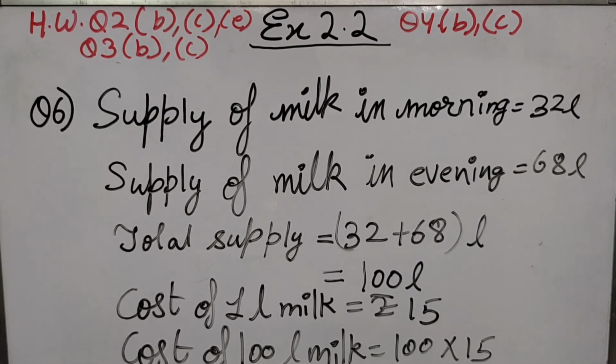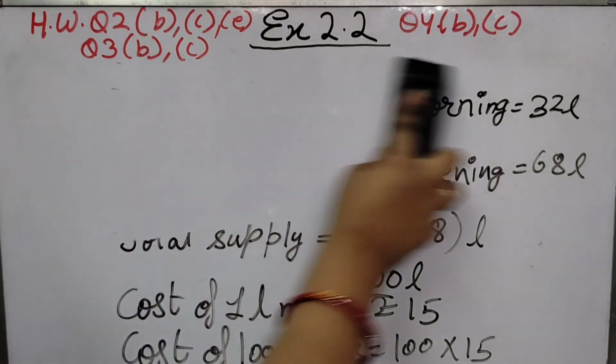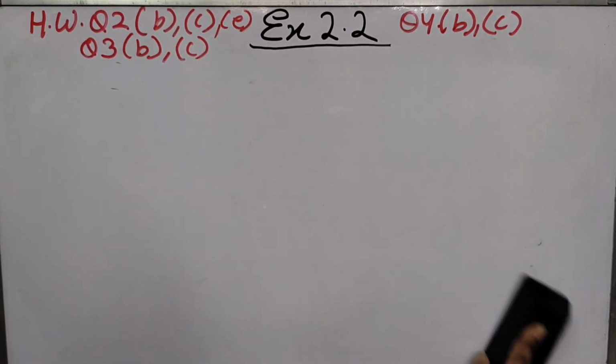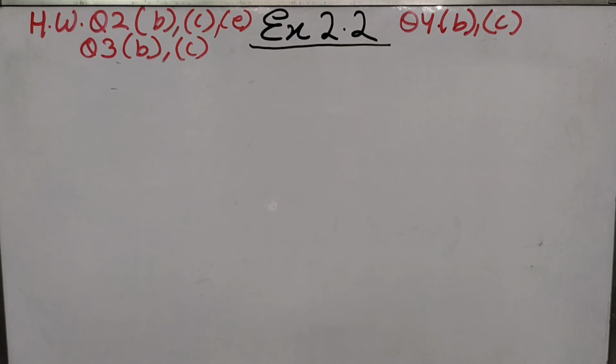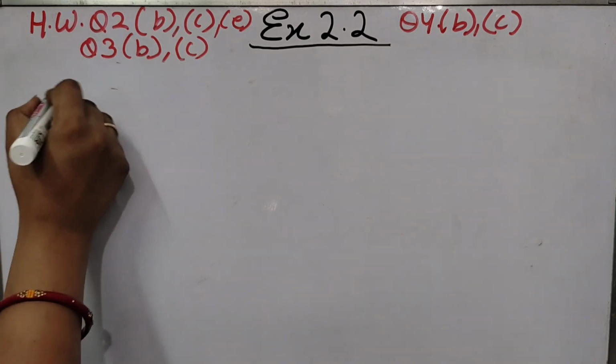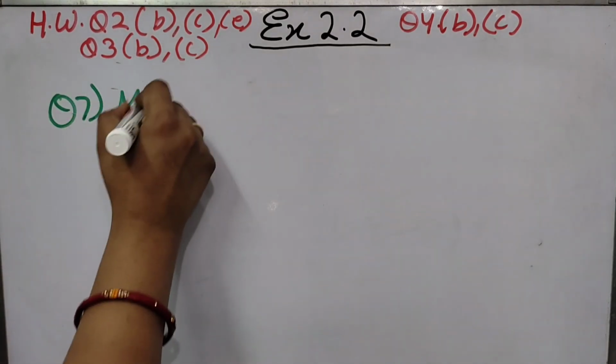Now we have our last question, question number 7. Question number 7 is a matching. Here you need to match some terms with their properties. So, question number 7 is match the following.